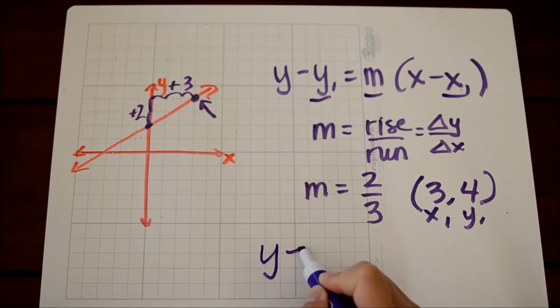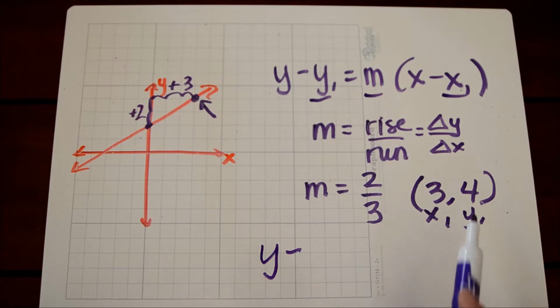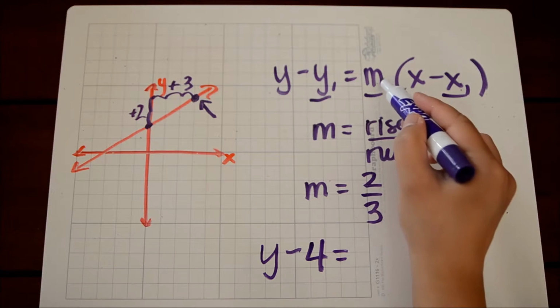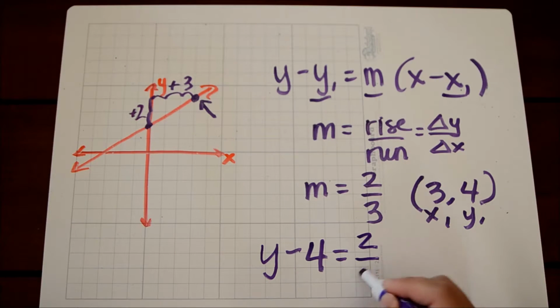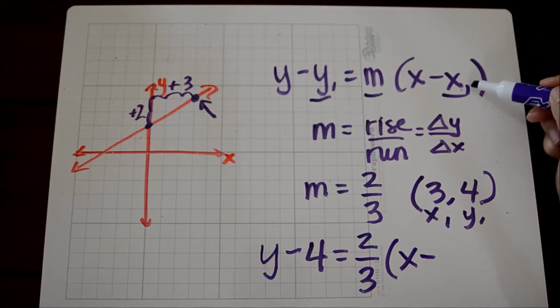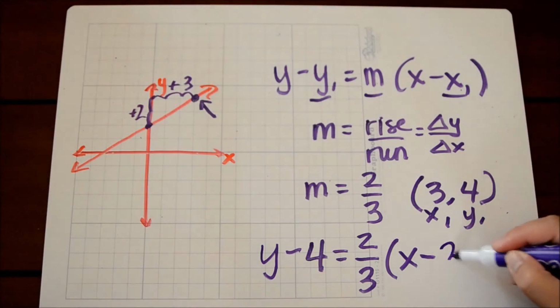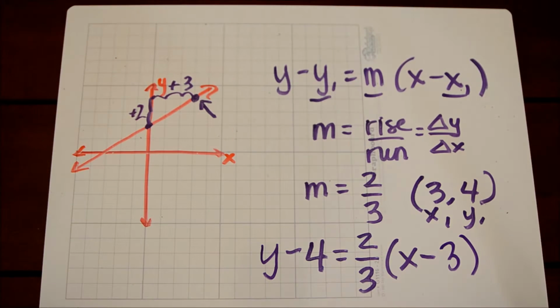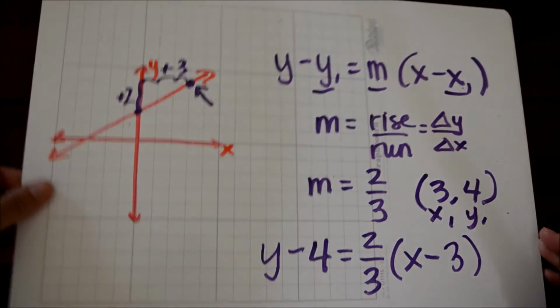So we have y minus our y1, which is 4, equals our slope of 2/3 times x minus our x value, or x1, which is 3. Again, there's an unlimited number of possible answers if you're given a graph, but this is just one possible answer.